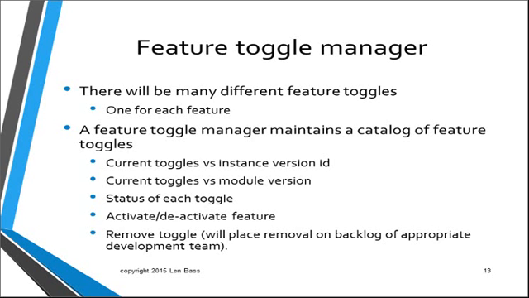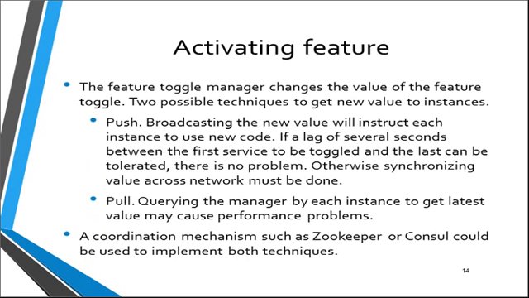When you say that this toggle is ready to be removed, the feature toggle manager will place something on the backlog of the development team that says remove this feature toggle. So you activate it through the feature toggle manager, and it wants to change the value.